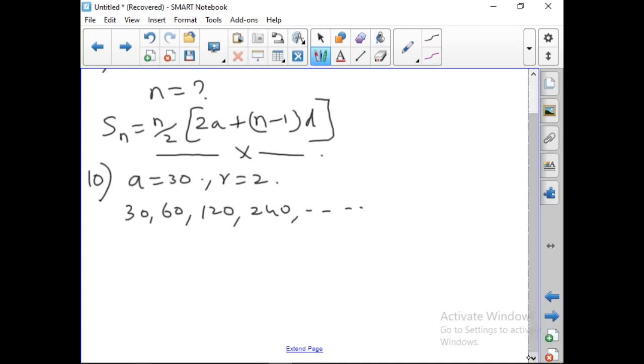So now T3 is the number of bacteria at the end of the second hour.